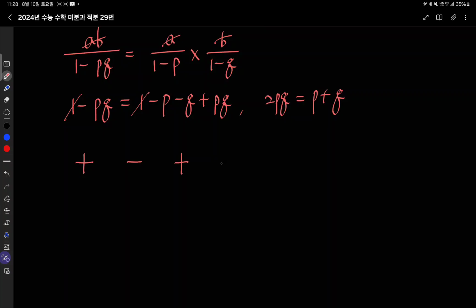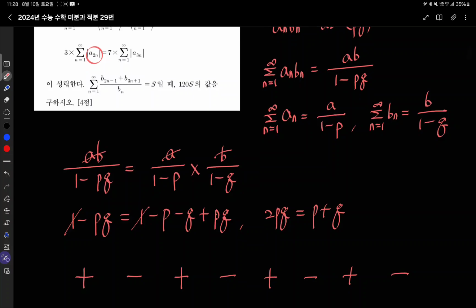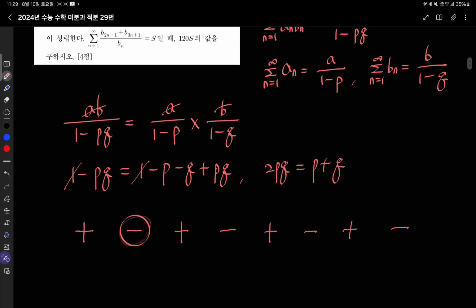So the sign of the sequence will alternate between positive and negative. In such case, the even terms will be all negative.